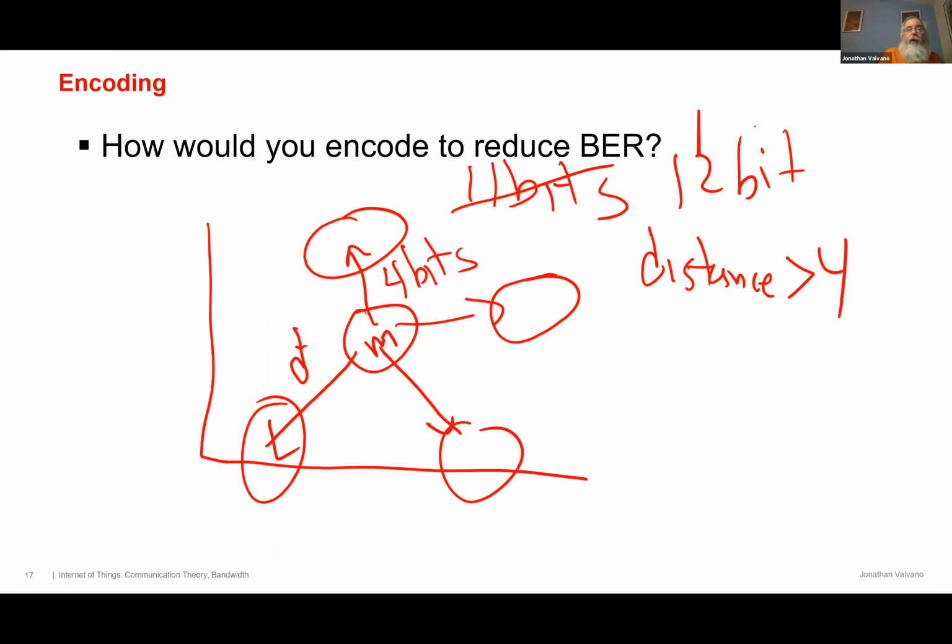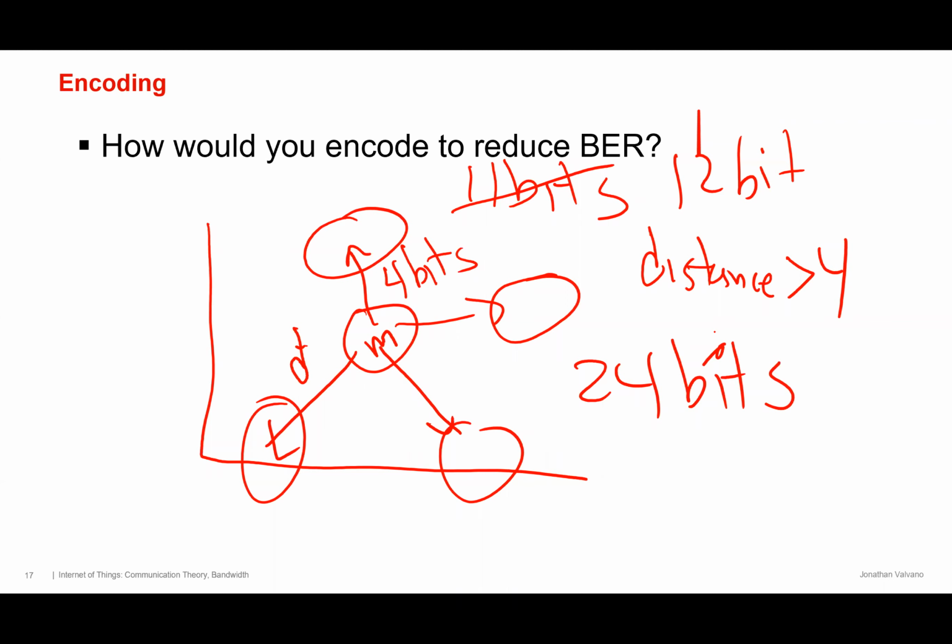Here's one you already know. What if I use 24 bits? What could you do? For 8 bits of useful information, 1 byte, 24-bit encoding. Do it a couple times.